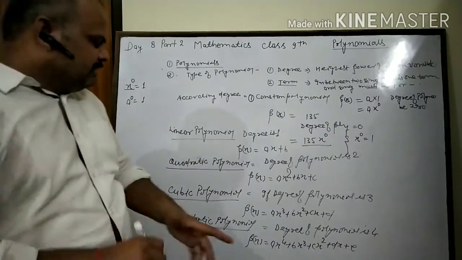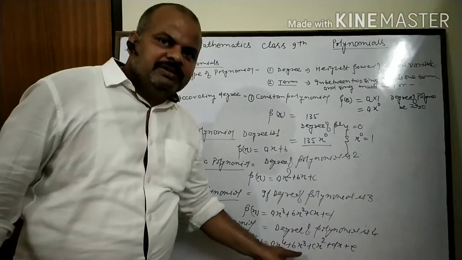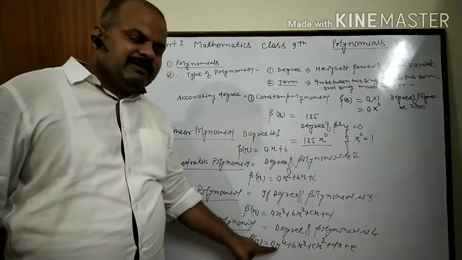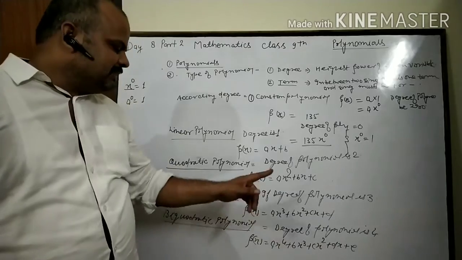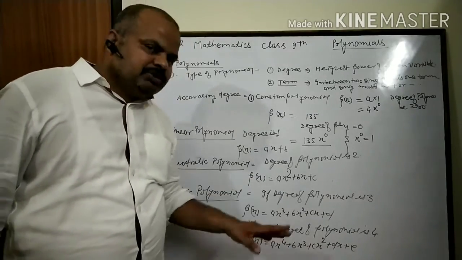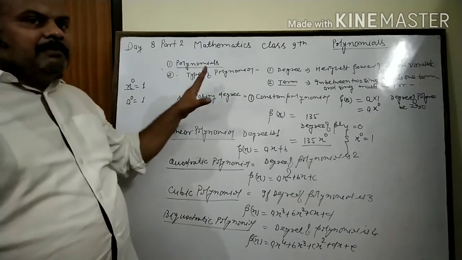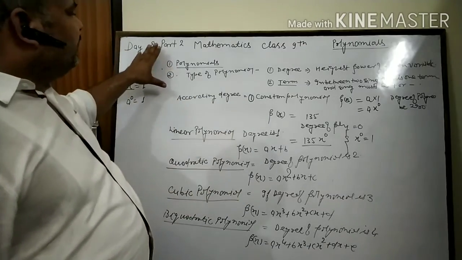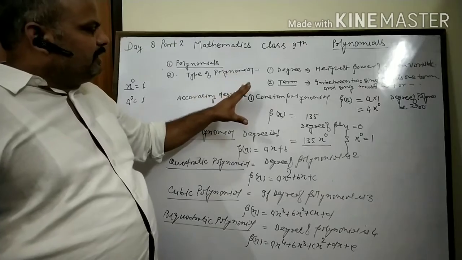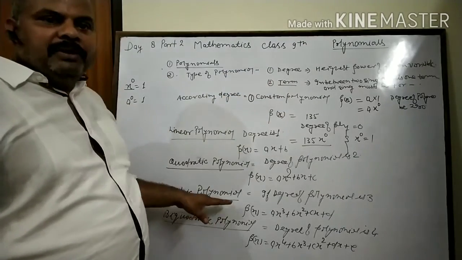Here the highest power of x is 4, that's why it is called the biquadratic polynomial. And if you can factorize it, then you get 4 factors of this polynomial, 4 different roots of x, 4 zeros. Clear?